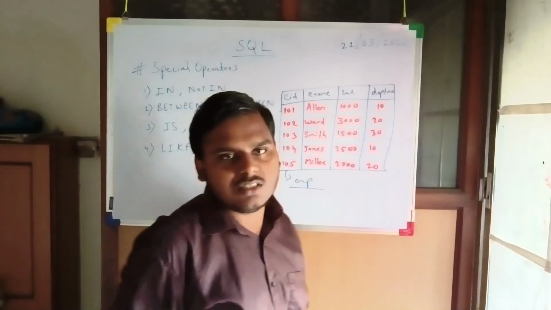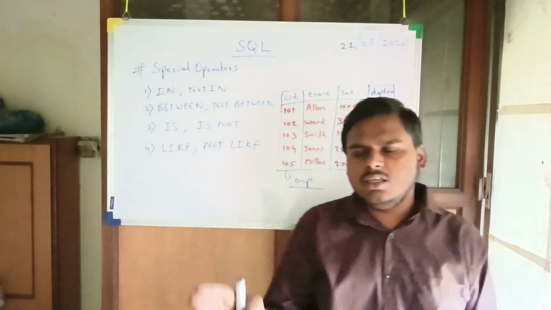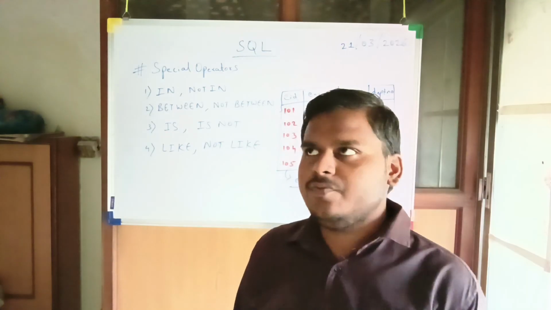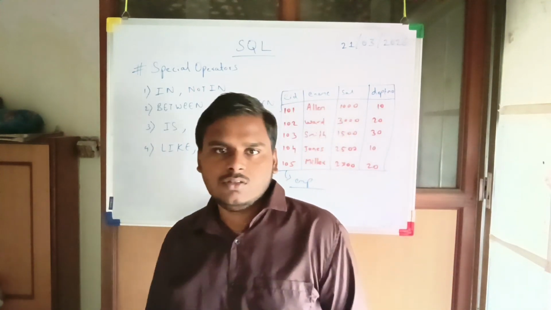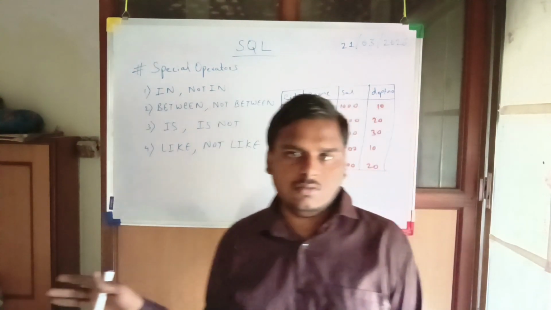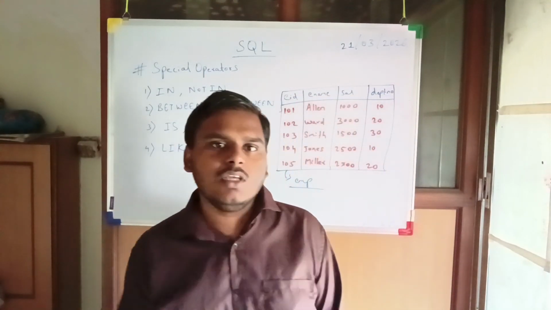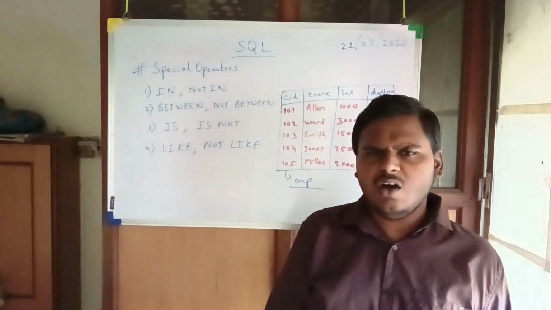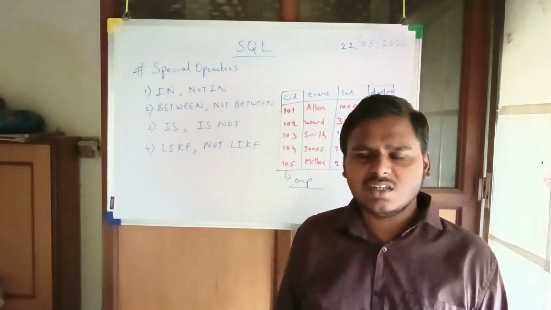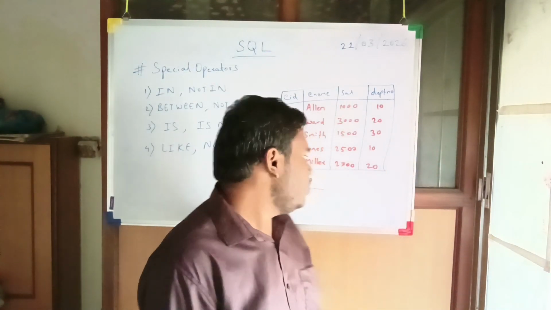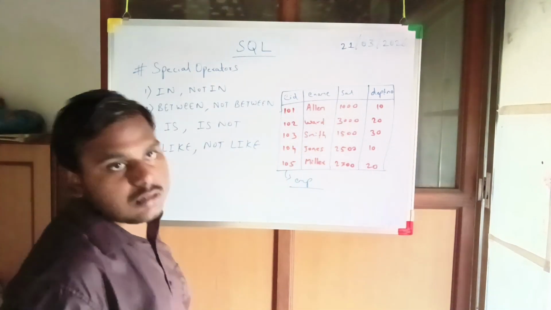If I give you a sentence in English, Rahul is okay today, what is the opposite of this sentence? Rahul is not okay today. Would Rahul not is okay make any meaningful sentence? No. So for IS, the opposite is IS NOT.